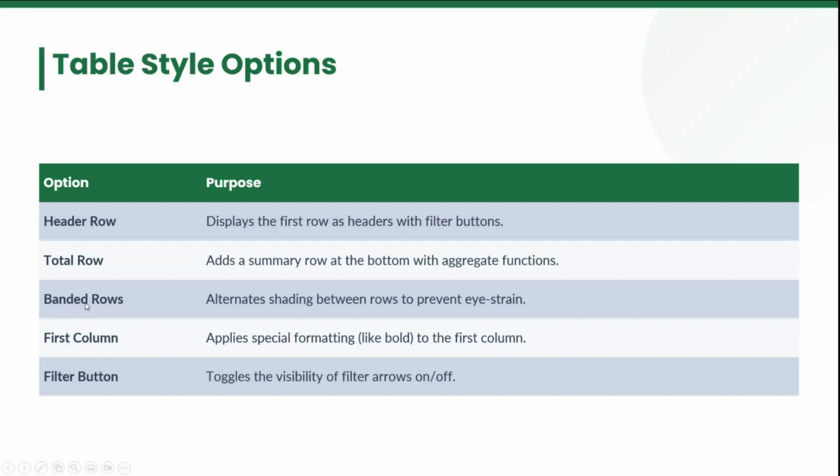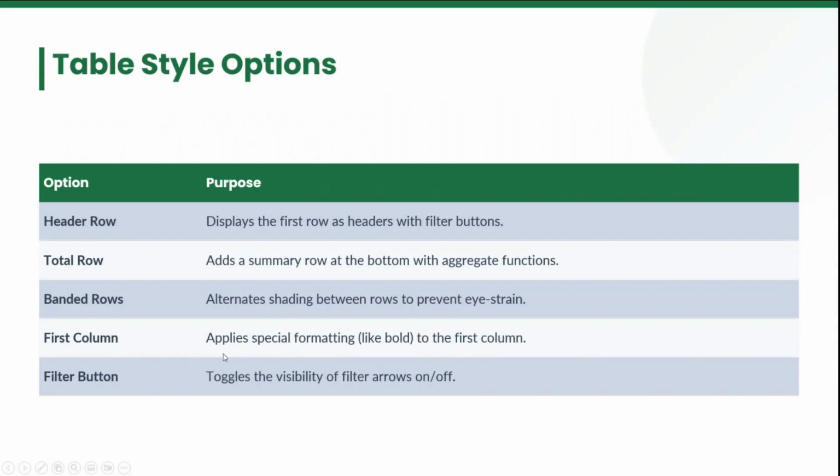There's also banded rows. So here it's alternate shading between rows to prevent eye straining. As you can see, this table is also banded. So the others are dark, the others are light, dark, and light. So it prevents eye straining. If everything was the same color, you would try and look at which row is this one. So it really just separates the rows.